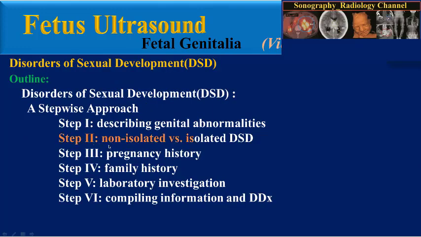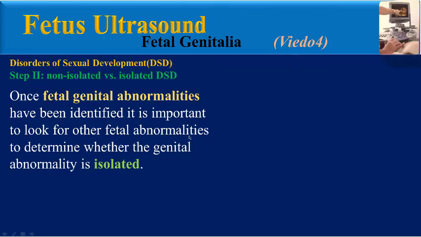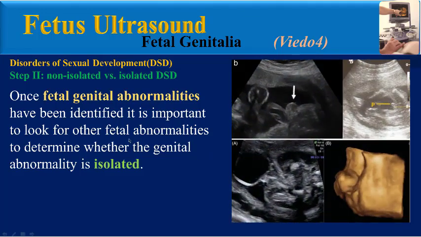In step 2, we must determine whether DSD is isolated or non-isolated. Once fetal genital abnormalities have been identified, it's important to look for other fetal abnormalities to determine whether the genital abnormality is isolated or not.